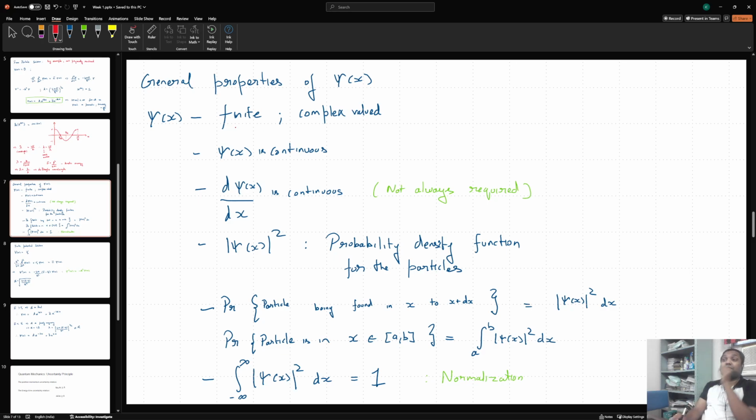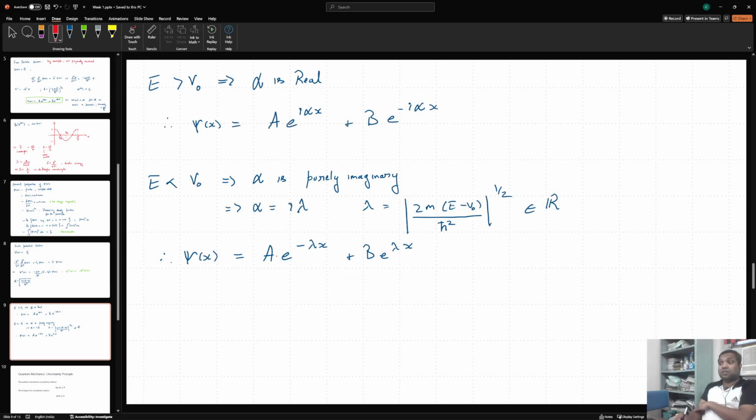Remember that psi of x above all is a finite valued function. Now, this quantity tends to infinity at two points. In this case, this quantity has two divergences. So let me say this is solution 1 and this is solution 2. Psi of x in solution 2 has two divergences.